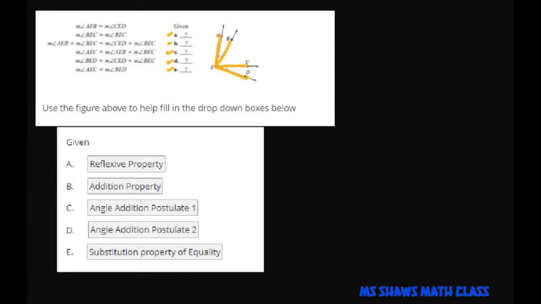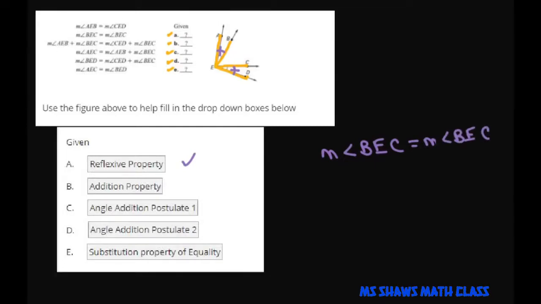And it's even marked that these are the same. All right, so we're using the reflexive property to say that the measure of angle BEC equals the measure of BEC, angle BEC.